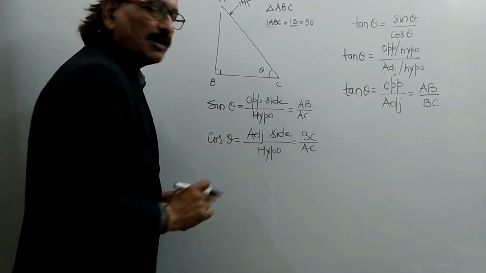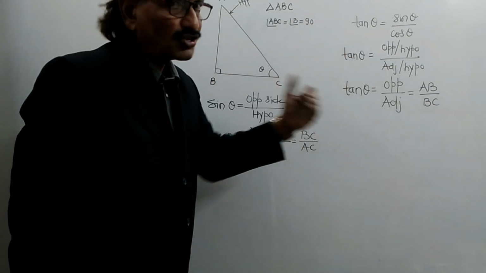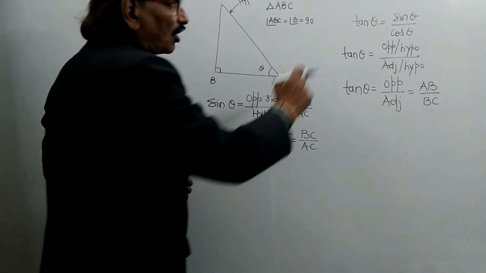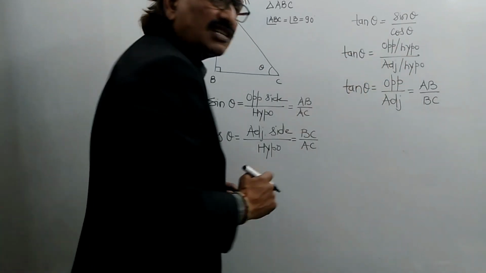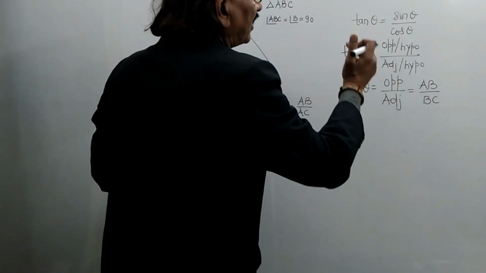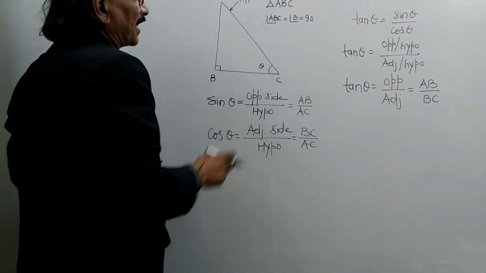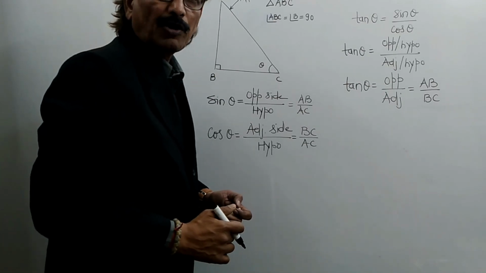So we have written BC upon AC. I told you that tan theta is the ratio of sin theta upon cos theta. Sin theta, we can write opposite upon hypotenuse. Cos theta, adjacent upon hypotenuse. Hypotenuse cancels each other. We have opposite side upon adjacent side. The opposite side for this is AB and the adjacent side is BC. So we write directly AB upon BC.